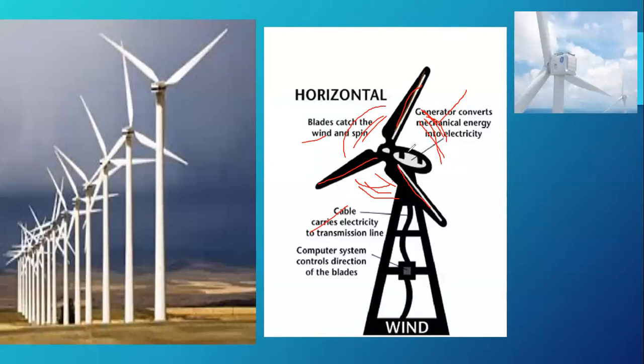The energy inside the wind will turn the blades. The blades move in different directions. Moving in different directions will drive the generator. Will what? Drive the generator. Here it is, the generator behind the windmill. When the generator is driven, it will make the electricity.